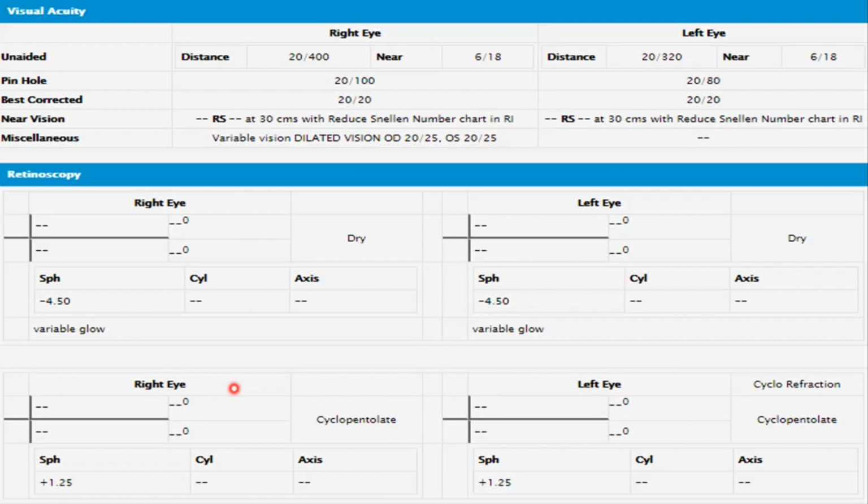It will be unstable, that means unreliable, and the visual acuity will not match the refractive status of the eye, and you will see a vacillating reflex, meaning sometimes you will see a dull glow, sometimes a bright glow. That's why you have to do cycloplegic refraction in all those children. Here you can see by doing cycloplegic refraction, a hyperopic shift of the refractive error, which indicates that it is a case of accommodative spasm.